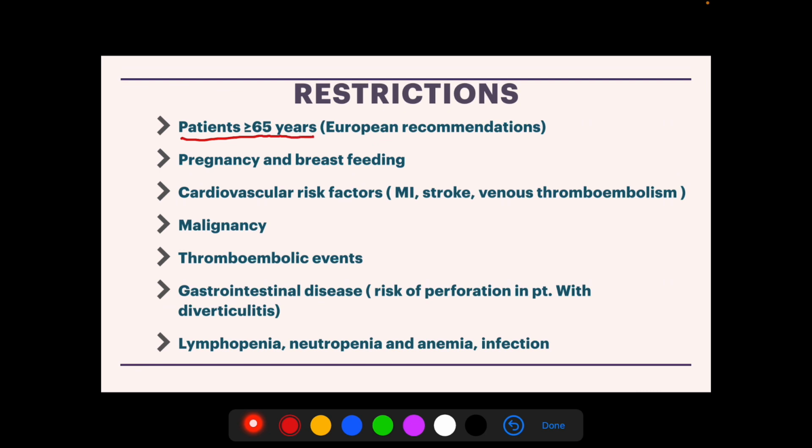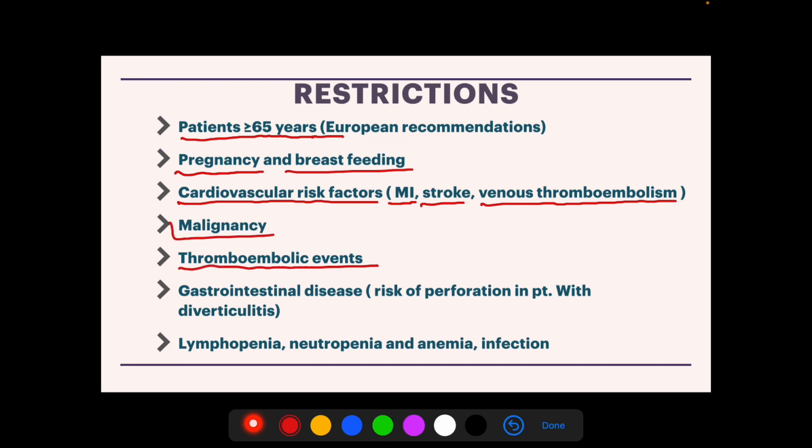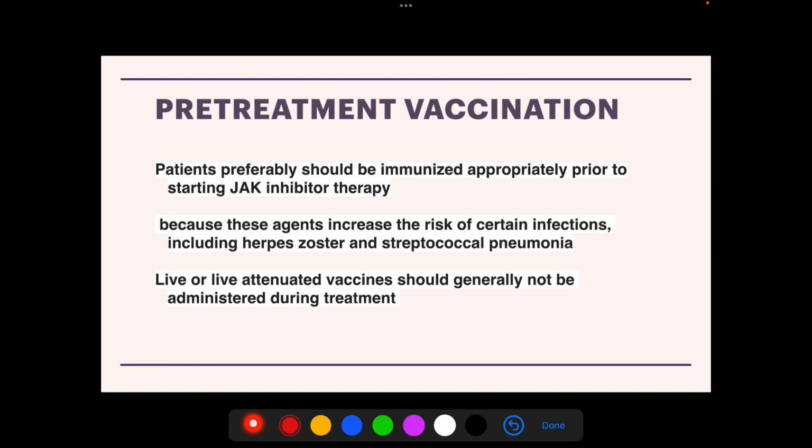Caution is also needed if the patient is aged 65 or greater, pregnant or breastfeeding, or has cardiovascular risk factors like myocardial ischemia or infarction, stroke, history of thromboembolism, any malignancy, thromboembolic events, GI disease such as diverticulitis or risk of perforation, lymphopenia, neutropenia, anemia, and infection.